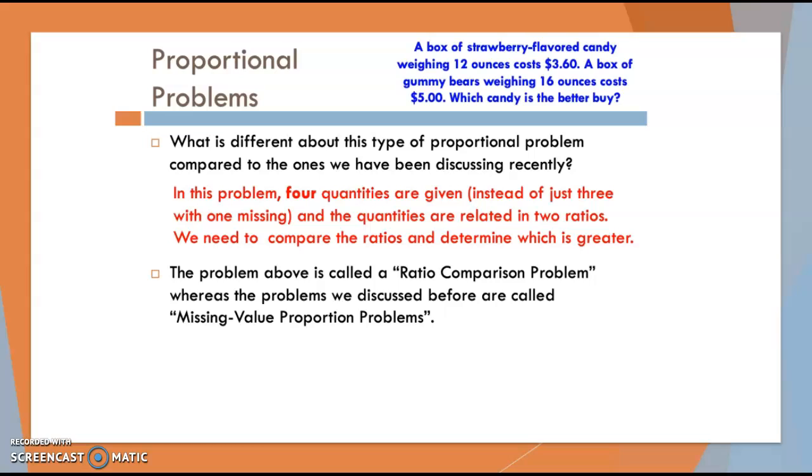So again, in this story problem, we're saying which candy is a better buy or a better value. Okay. The problem above is called a ratio comparison problem, whereas the problems we discussed before are called missing value proportion problems. Missing value proportion problems, remember, have that X factor.